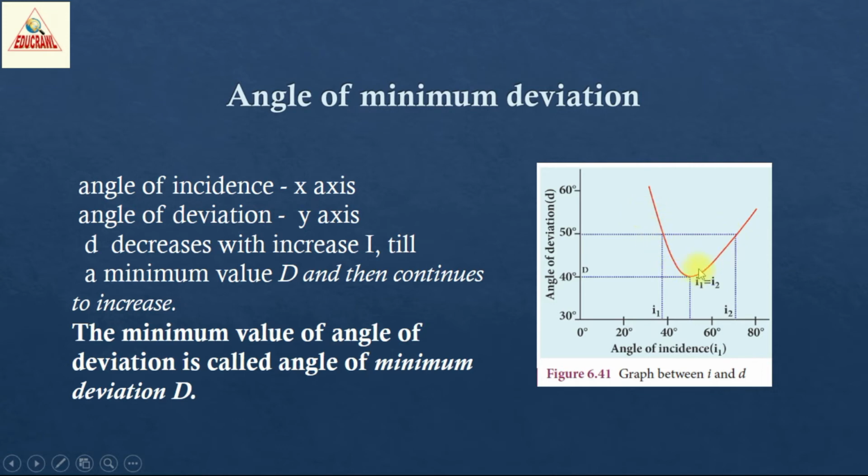See the red color curve. So there is a minimum angle of deviation, after which the angle of deviation increases with the increase in angle of incidence. That angle is called the angle of minimum deviation. Hence, the definition of minimum deviation: the minimum value of the angle of deviation is called the angle of minimum deviation.